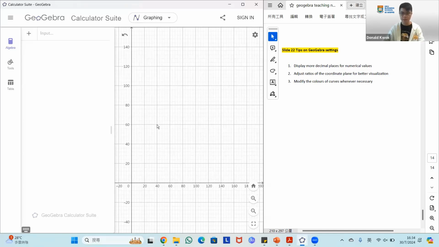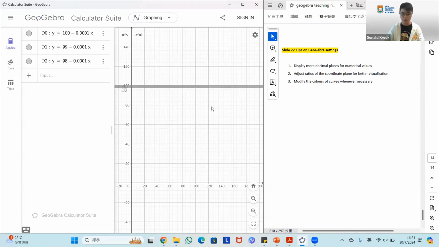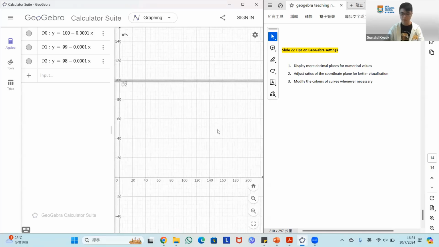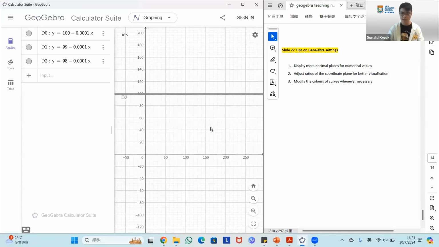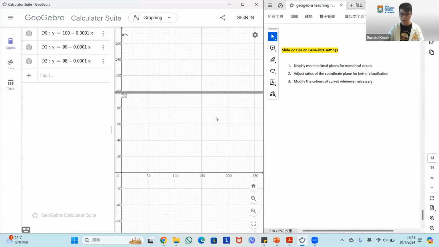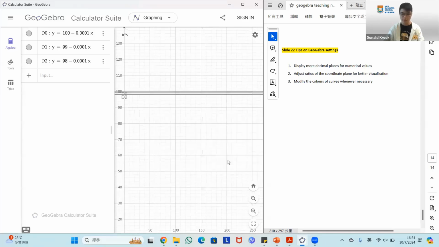Second, sometimes it may be hard to observe the true shape of the curves with strange scales. Suppose we have these 3 demand curves, which are actually very flat. We basically cannot see that they are downward sloping. Consequently, we may want to adjust the ratio of the plane to accommodate for that. This can be done by right-clicking the plane to choose Zoom to Fit.